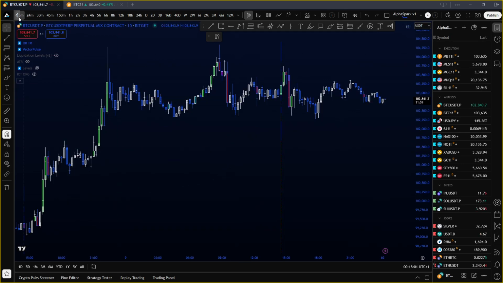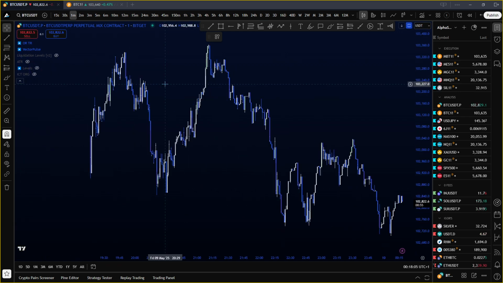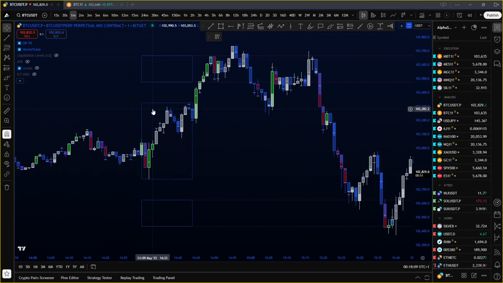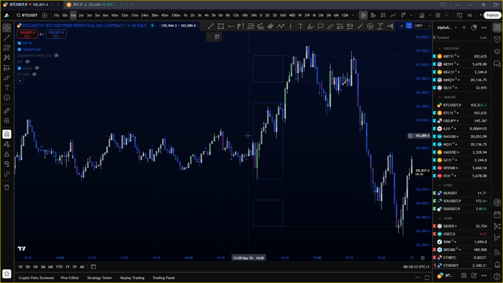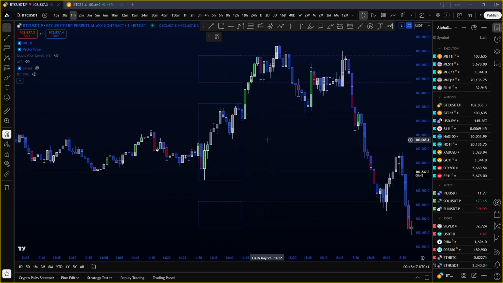Is the chart good enough? Let's see. Looks okay.